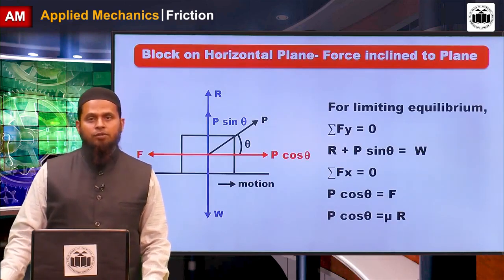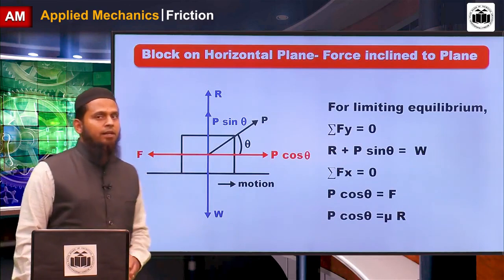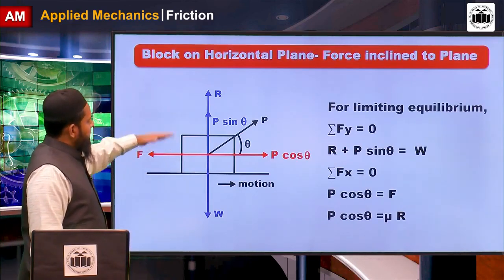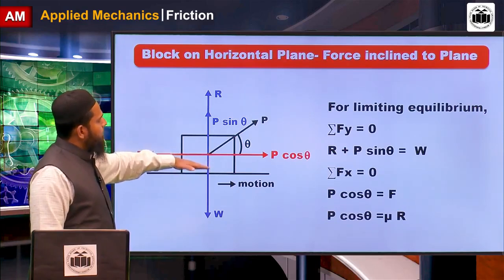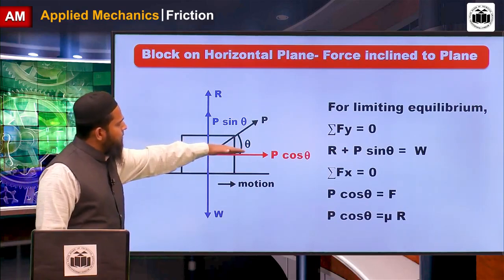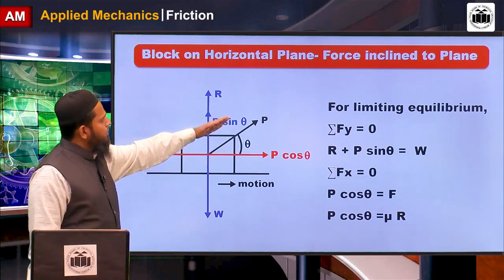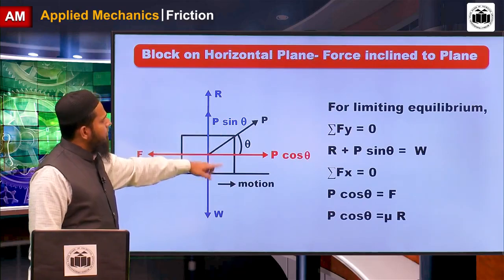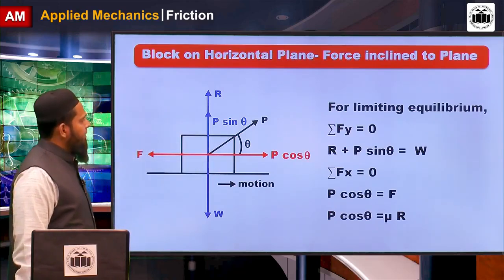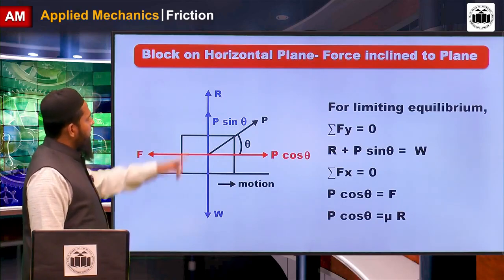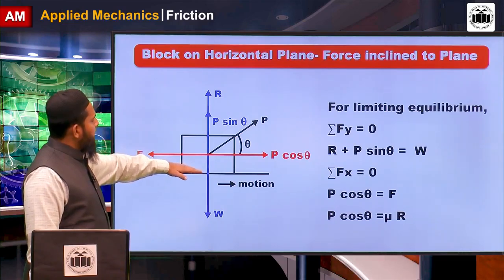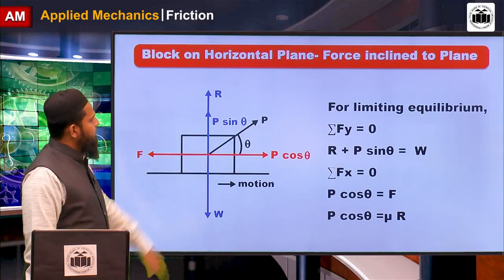Now, block on horizontal plane, but force is inclined to the plane. Previous problems we have seen the block is on horizontal plane, but force is parallel to the plane. Now, in this problem, the pulling force is inclined with theta degree to the horizontal plane. In this type of problem, resolve first pulling force in two directions orthogonally along the plane and across the plane.